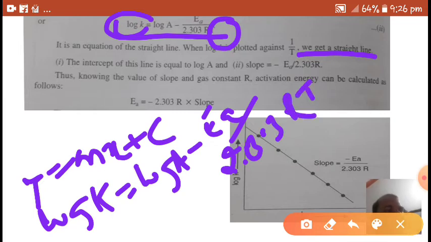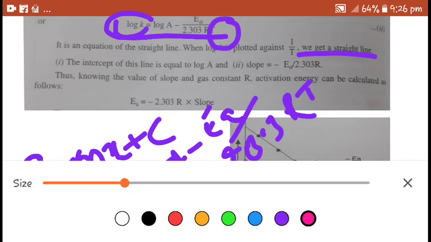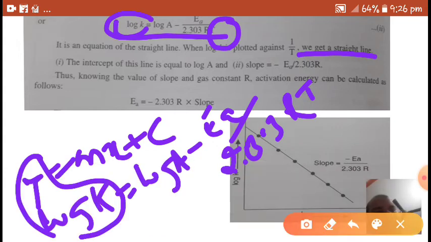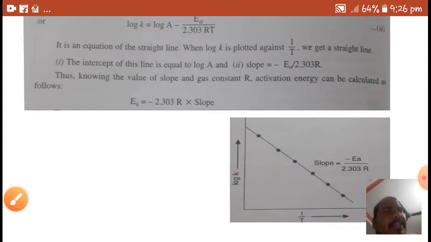So the slope is minus EA by 2.303 R. If we calculate the slope of the line with the help of the graph, then we can calculate this EA, that is, the activation energy.